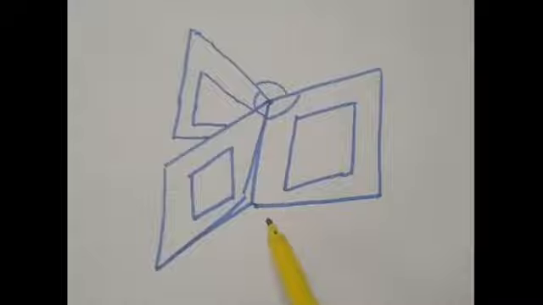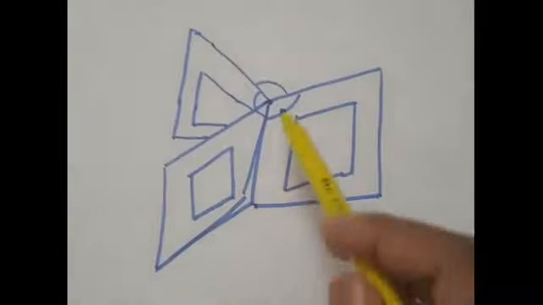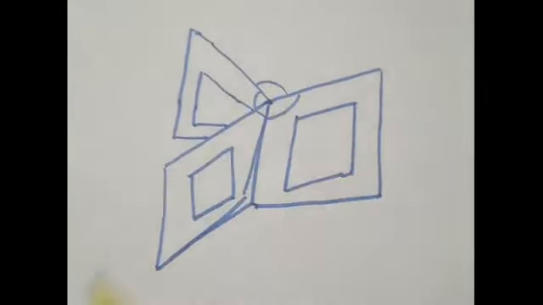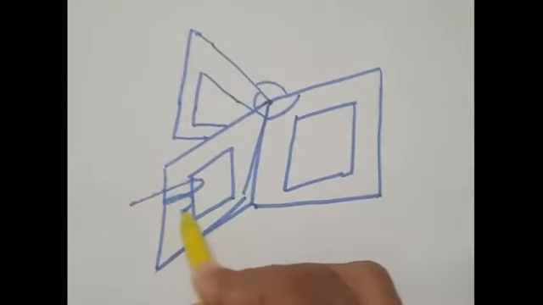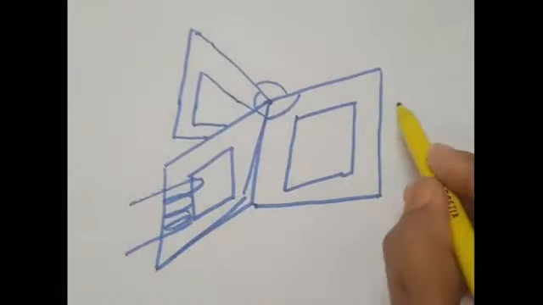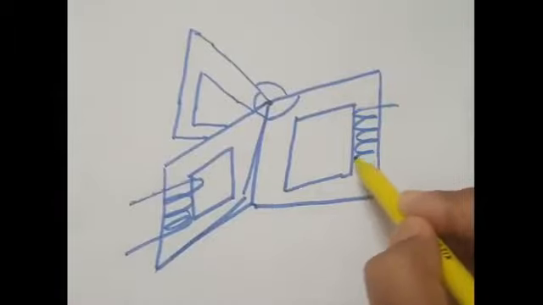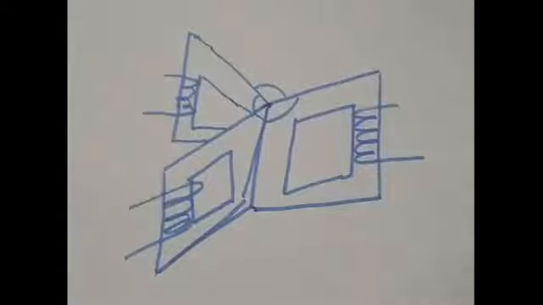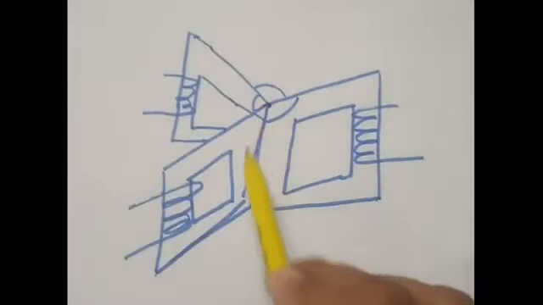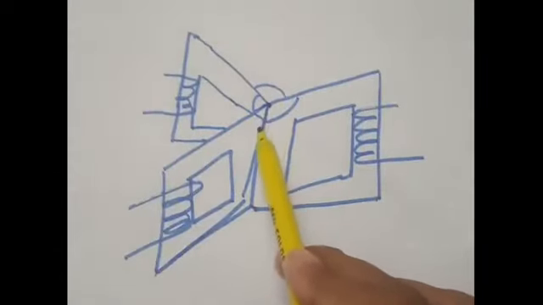We make a common point here, and at these sides we have the secondary coils. At these ends we have one coil, and this end will be the midpoint of all.